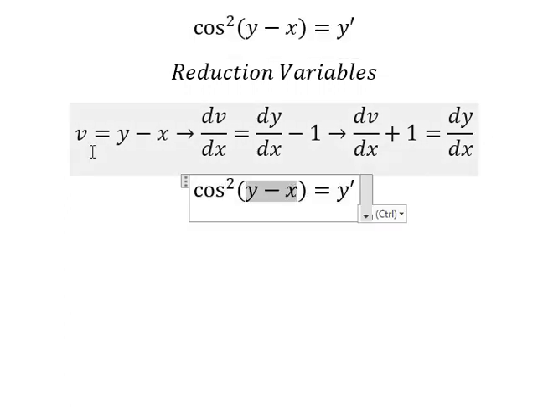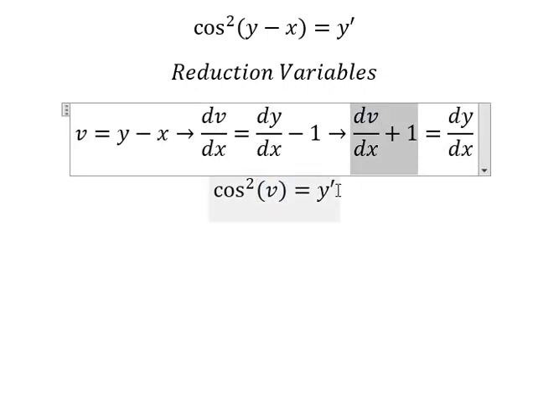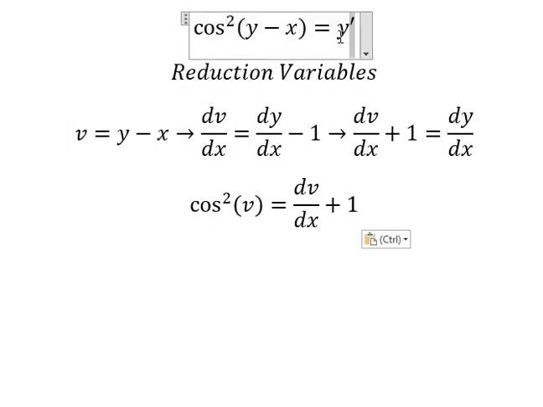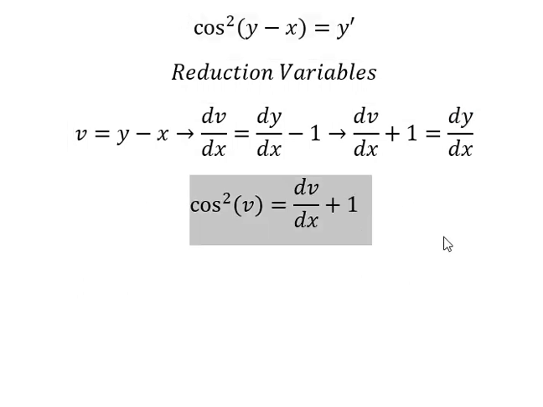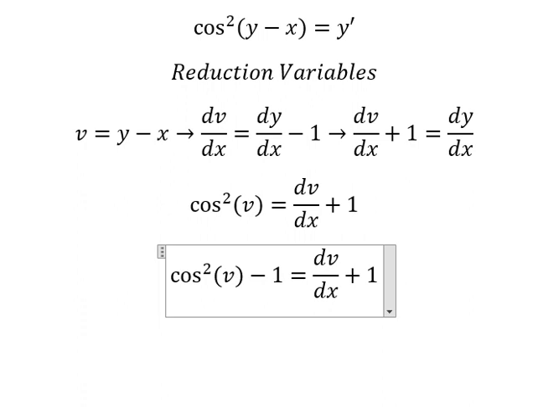So this one we change for v. This one we change for this one, because this one equals this one. So I will put positive number 1 in here, and we have negative number 1.